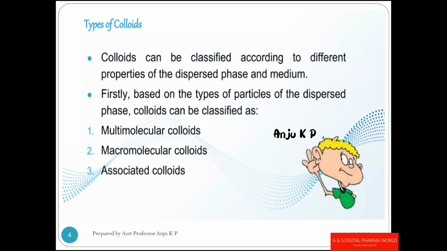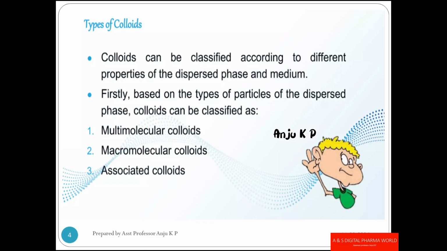Next comes the third one, that is associated colloids. These are substances that behave as normal electrolytes at low concentration, but when their concentration reaches a particular level, the molecules aggregate to form large particles called micelles.